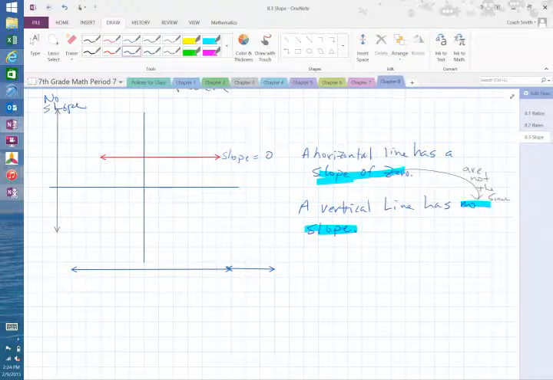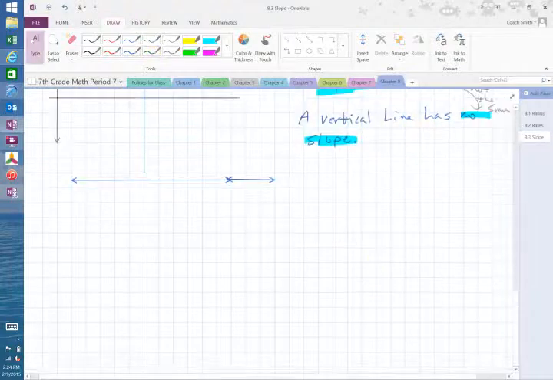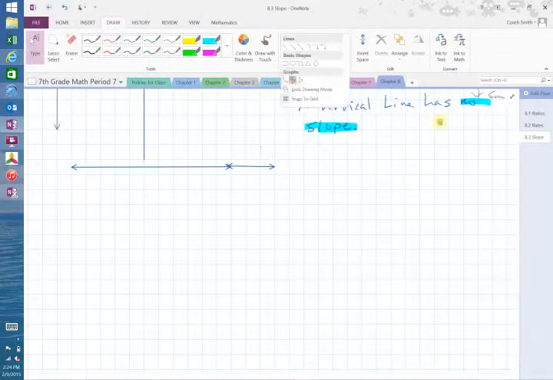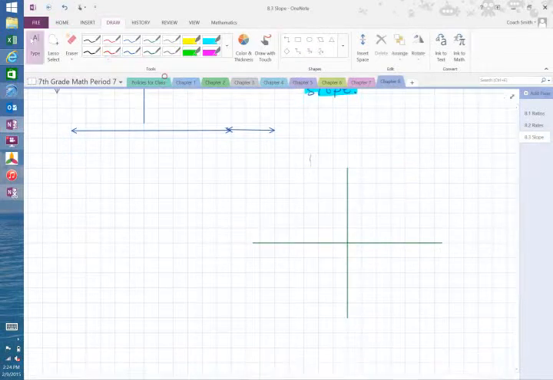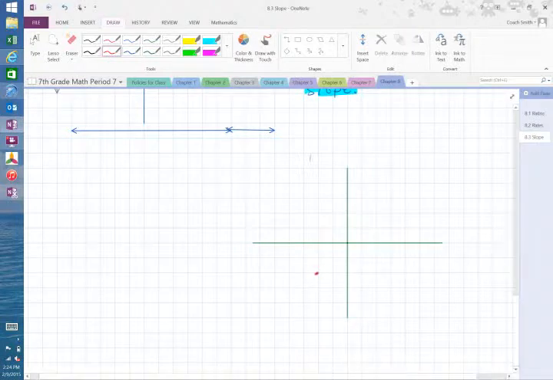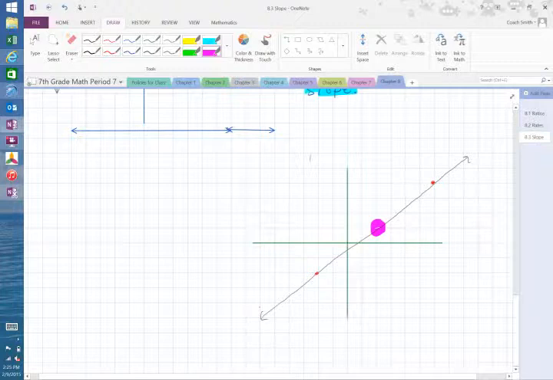And understand that basically what you're doing is, when I have a line like this, and I have a dot here and a dot here, and I run a line through those two dots, anywhere that this line crosses, I can put a point there and use that point.